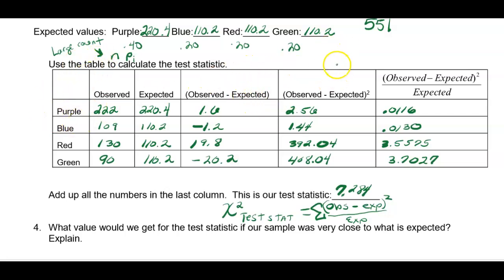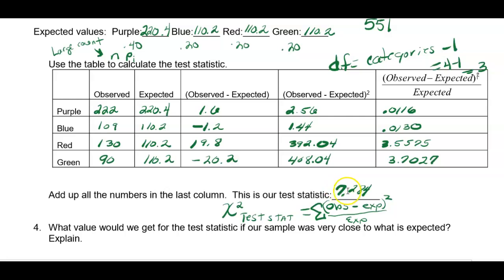I'm going to write that up here: degrees of freedom equals categories minus 1. How many categories do we have? We have 1, 2, 3, 4. So our degrees of freedom in this case is 4 minus 1, which is 3.